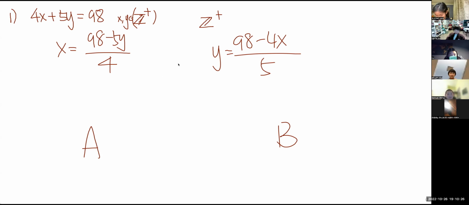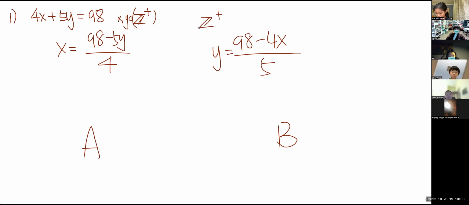Daniel created them. What's Y? Y equals (98 minus 4x) divided by 5. X equals (98 minus 5y). No, but is Y A or B? Y is B. X is A. Oh my God.